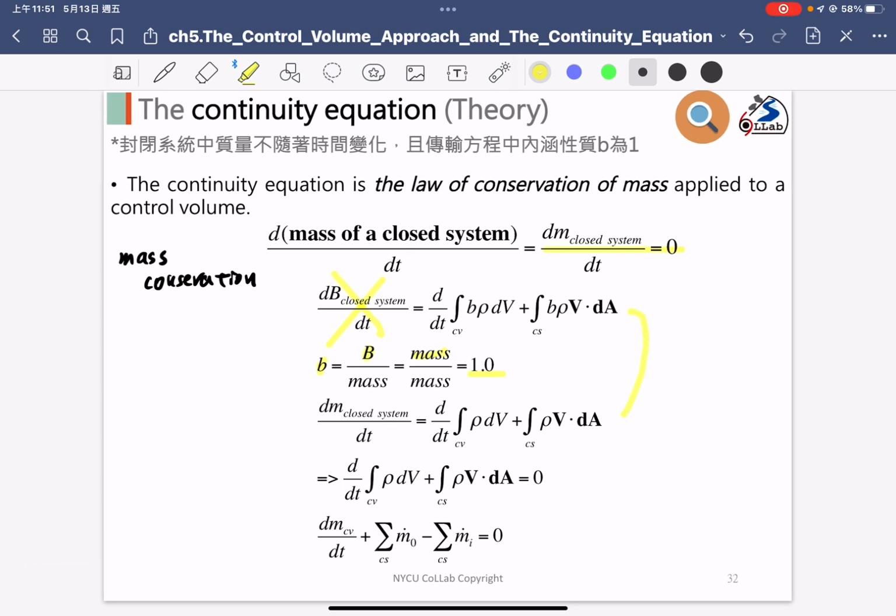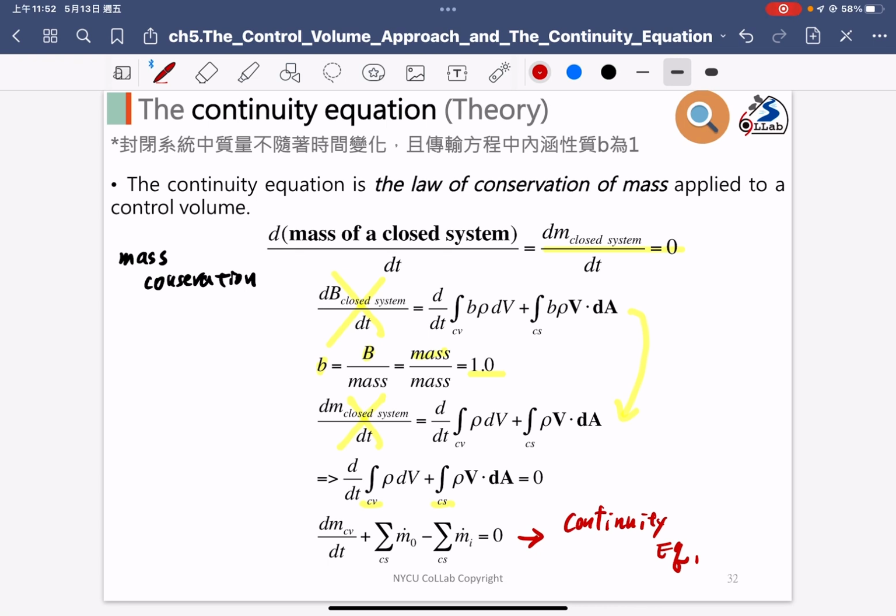So the Reynolds transport theory tells us that dm/dt will equal the m change in the CV and the m exchange along the control surface. Because we don't have the closed system item, we can rewrite the equation with only the control volume and the control surface terms. This is the equation we call the continuity equation. This is very important. When we assume the mass in a closed system fully satisfies mass conservation, nothing disappears and nothing changes with time. So the left side of the Reynolds transport equation, the closed system term, becomes zero, and what remains we call the continuity equation.